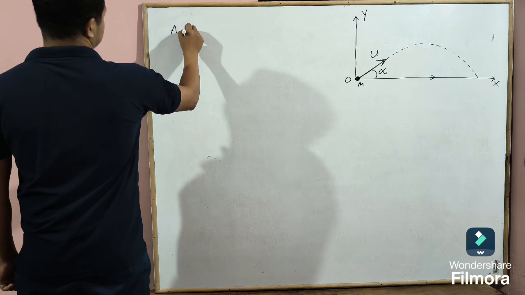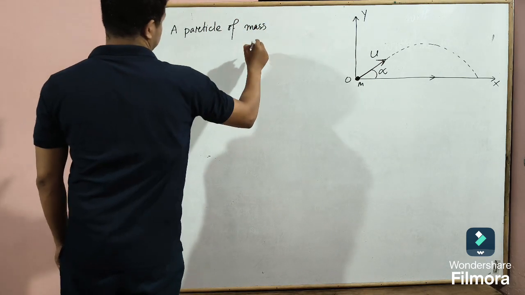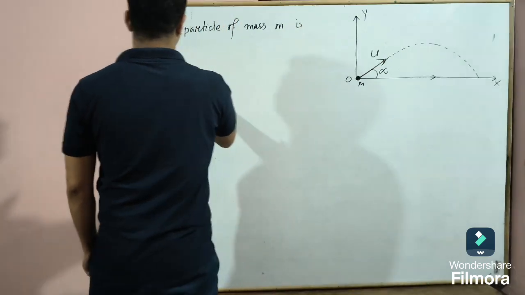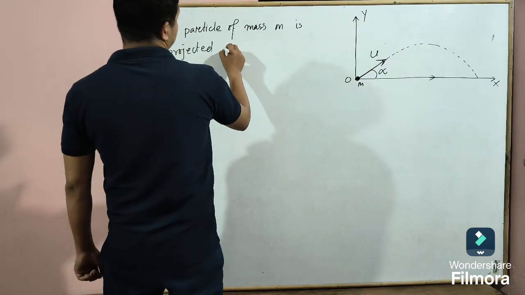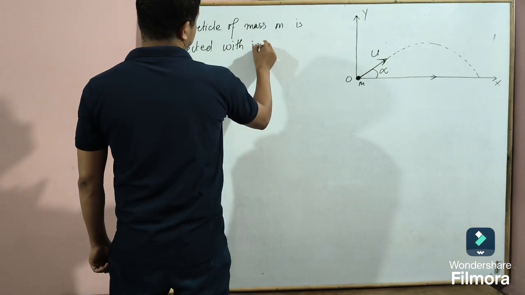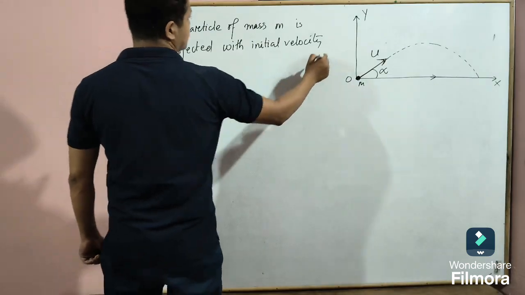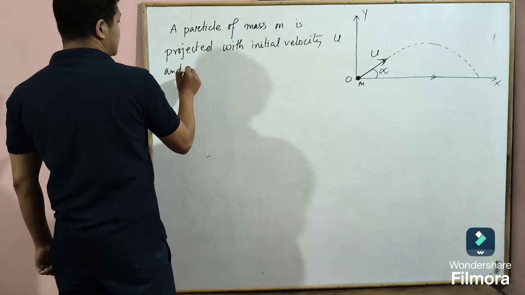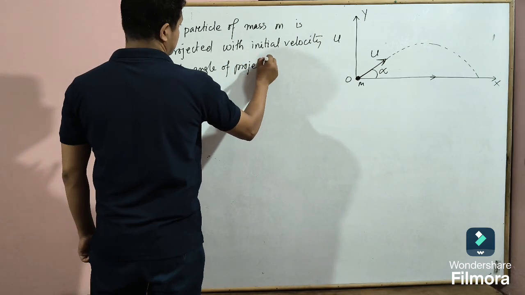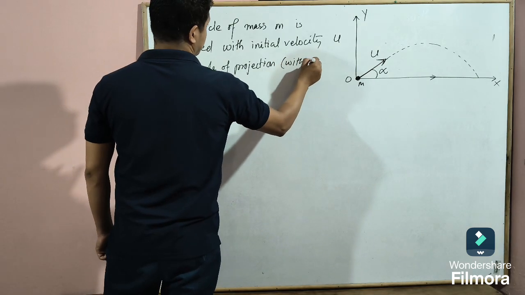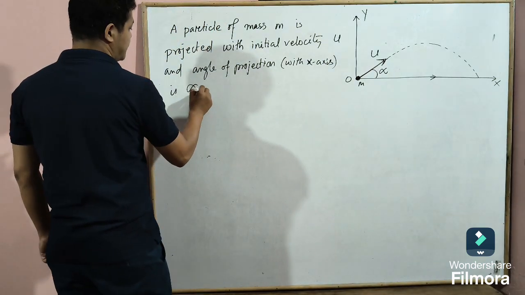The particle of mass m is projected with initial velocity u, and the angle of projection with the x-axis is alpha.